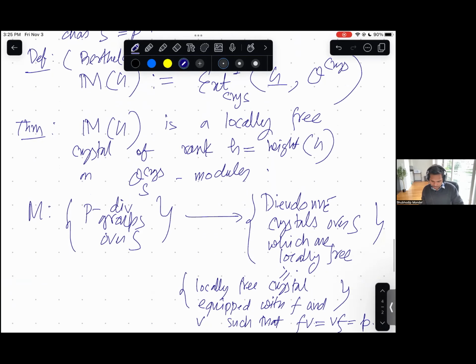And in our context, this extra data of being a Dieudonne crystal is just induced from the existing maps Frobenius and Verschiebung, which are both defined on the p-divisible group G.